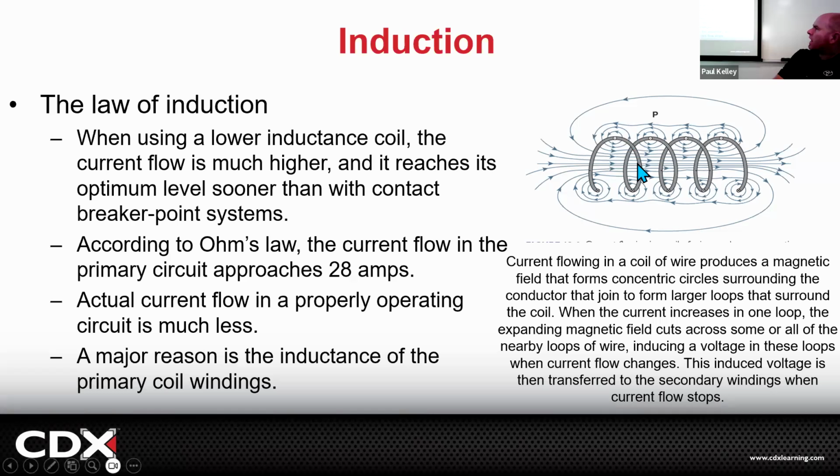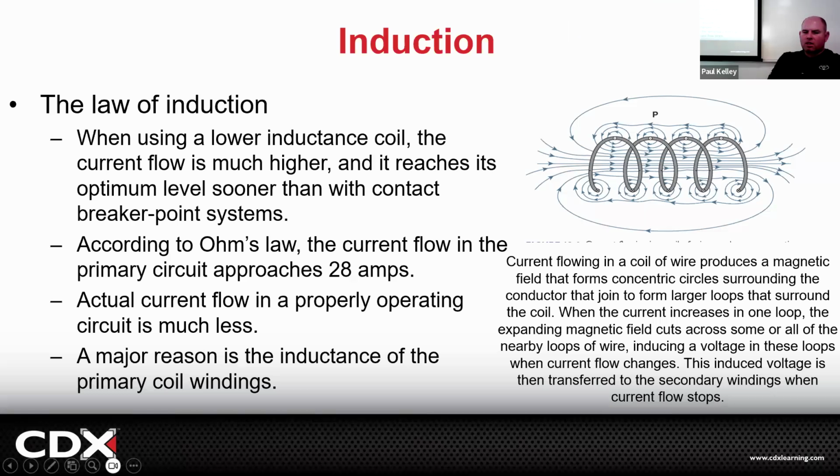Well, just because it's wrapped around in circles and it's making a magnetic field, it can induce that voltage and transfer it into the secondary winding. So it's kind of weird. We might only have 12 volts going through this wire, but these round and round of magnetic fields can induce the voltage even more. Kind of strange, huh? But it's part of their design.